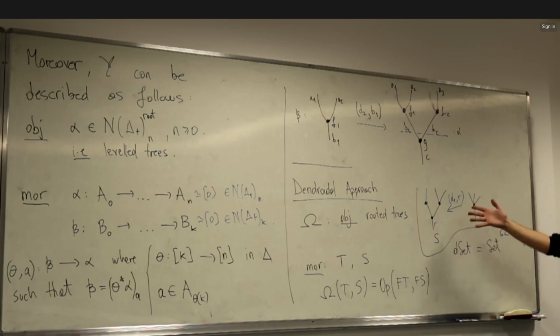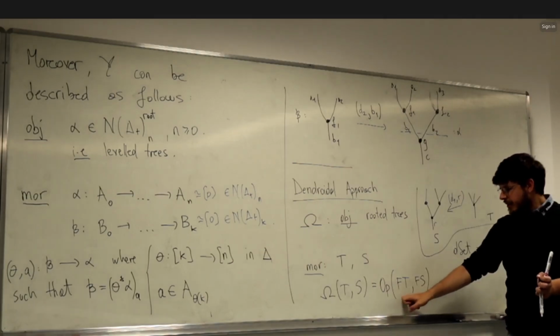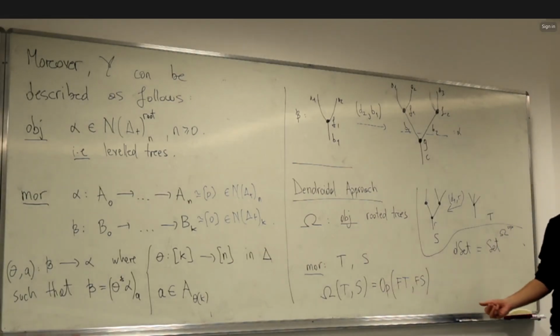So given that we know this, level trees are enough to encode the structure of an operad. That's the content of the nerve theorem. And it's not just about what trees you choose, it's about the morphisms between trees. Here it's all morphisms of operads between the free trees. We don't know what those are.